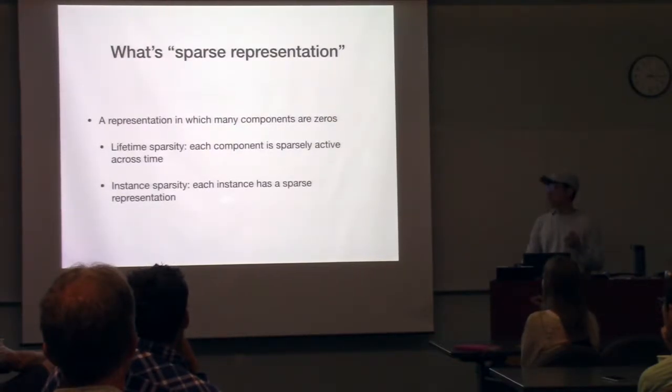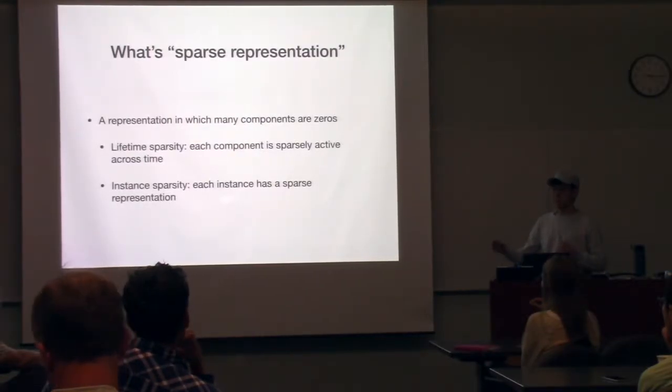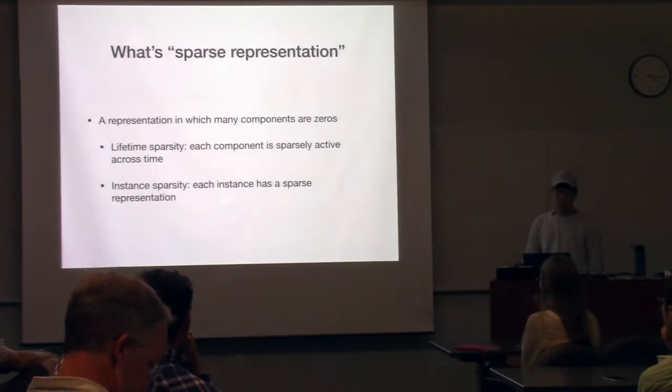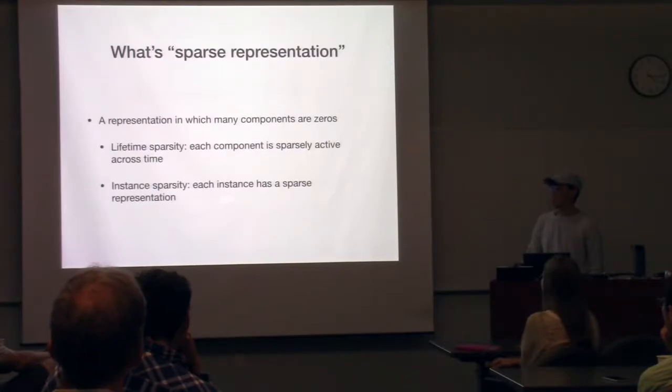So each feature only responds to a small subset of your input space, a local region of your input space. Another one is instance sparsity, which means each instance or each sample has a sparse representation. So for any input from the input space, we have a sparse representation for that input.